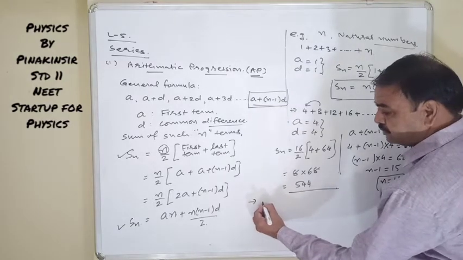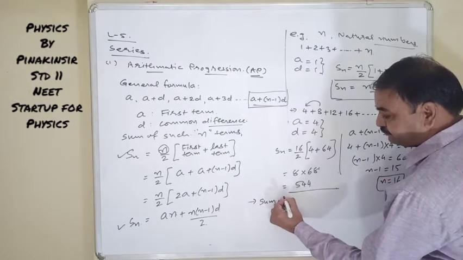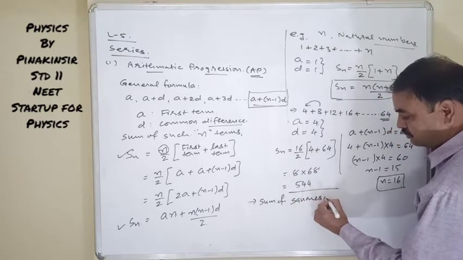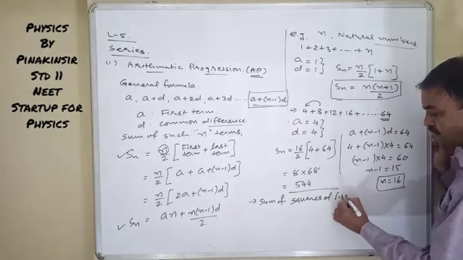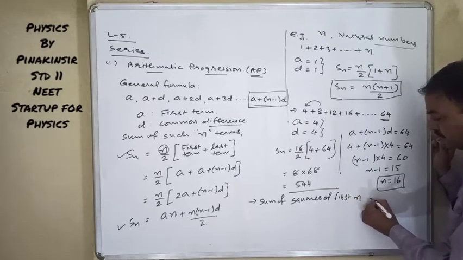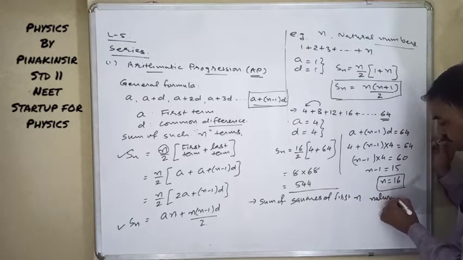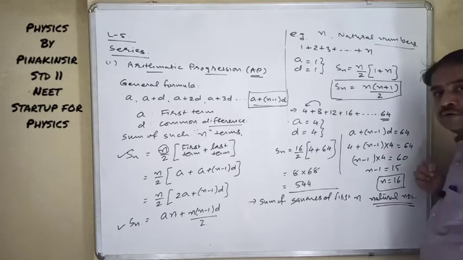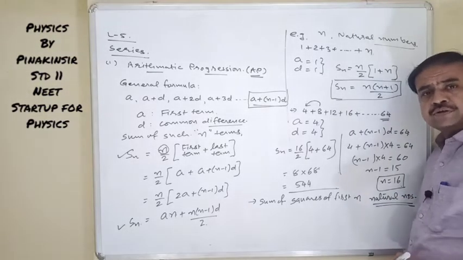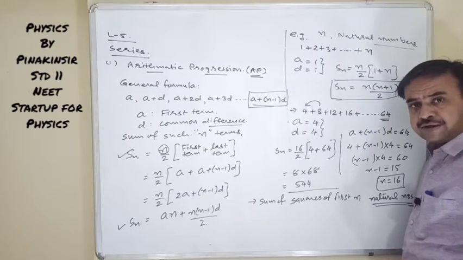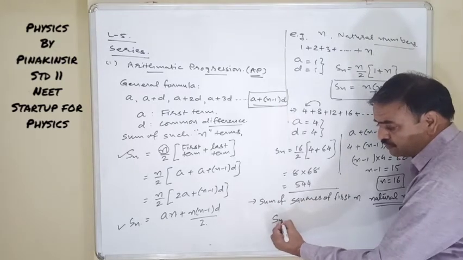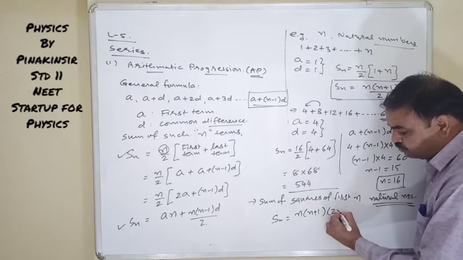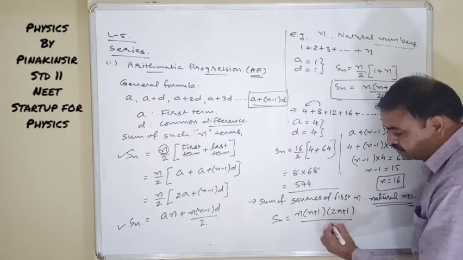If you are given sum of squares of first n natural numbers, like 1 square plus 2 square plus 3 square plus 4 square, like that, then summation will be equal to n into n plus 1 into 2n plus 1 divided by 6.